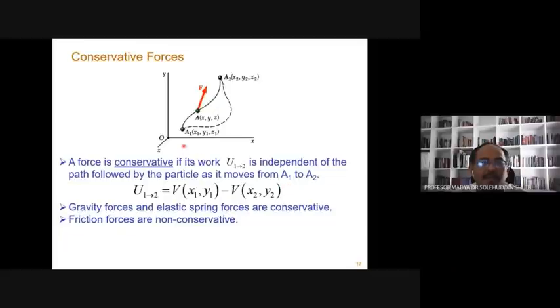You can see in this figure, it can go this way, this way, or this way, but they reach the same destination. Gravity force and elastic spring forces are conservative, and friction forces are non-conservative. This is what we did last time.